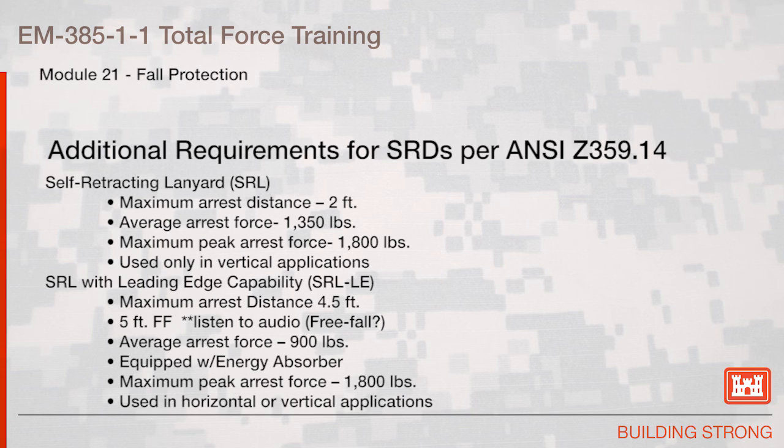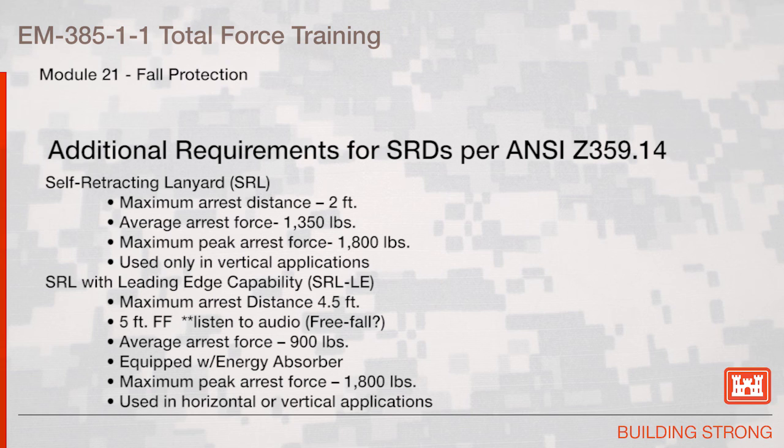Self-retracting lanyard: maximum arrest distance 2 feet. Average arrest force 1,350 pounds. Maximum peak arrest force 1,800 pounds. They are to be used only in vertical applications. An SRL with leading edge capability, or an SRL-LE: maximum arrest distance of 4.5 feet.